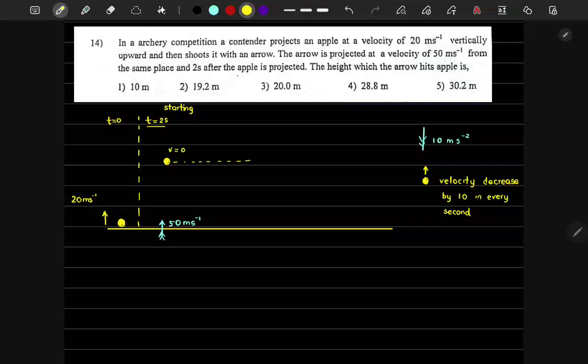Let's say that the time taken for the collision, as in time period, is t dash. If so, at this moment where t equals 2 plus t dash, the collision must occur. Let's say it happens somewhere here. I'll take the arrow as a ball as well, it will be much easier.